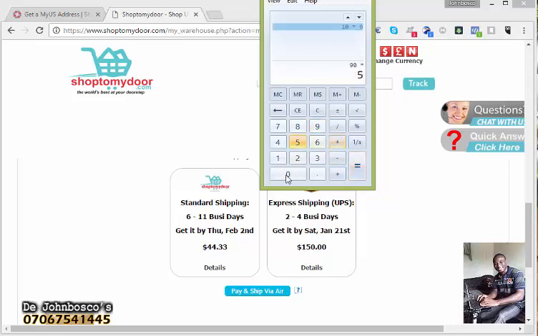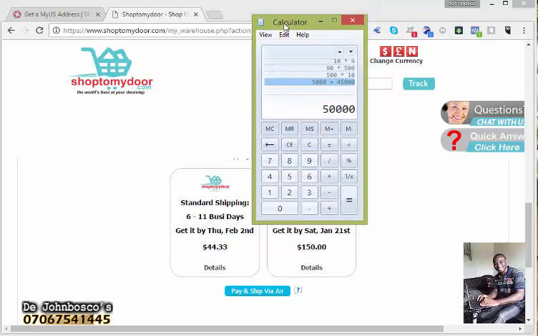So 5,000 plus 45,000 would actually give us 50,000 to ship 10 kg products by express. I want you to take note of this mathematics. 10 kg by express in 48 hours will cost us 50,000 naira. Now, assuming these are not something I need very urgently, I would want to help myself, because business says you need to save more, spend less, and maximize the profits. So now let's take a look at this.